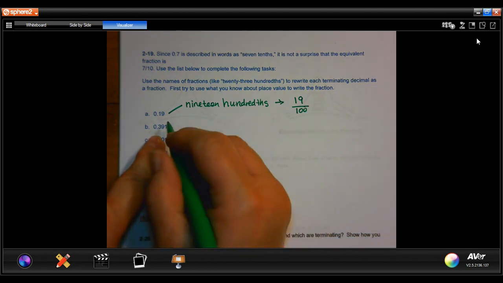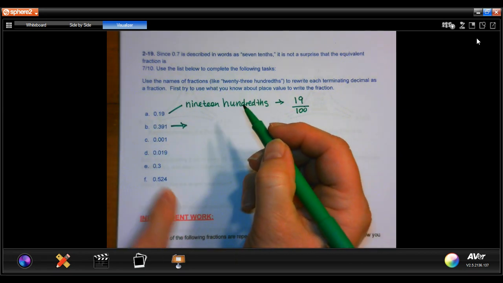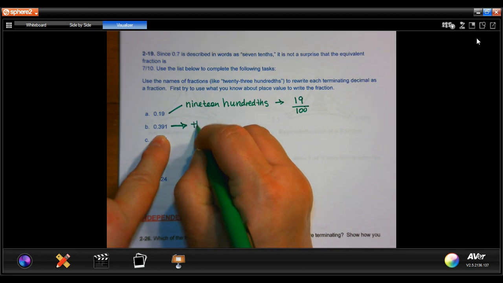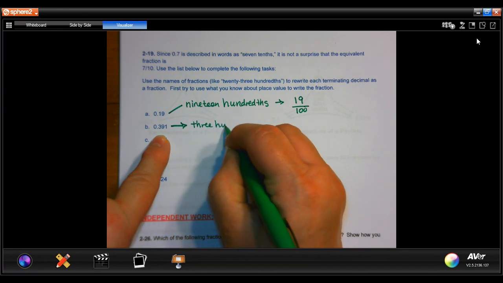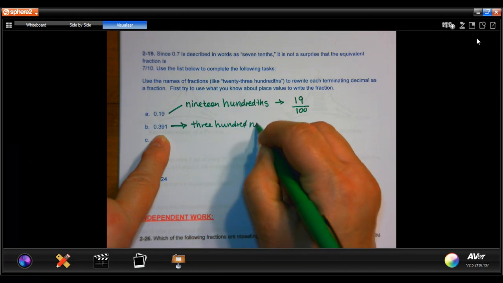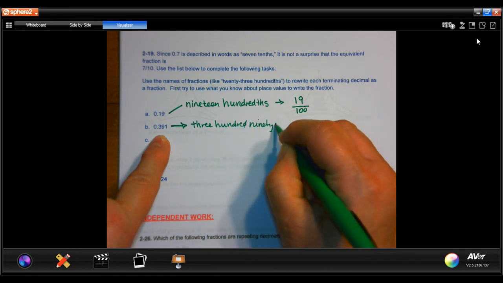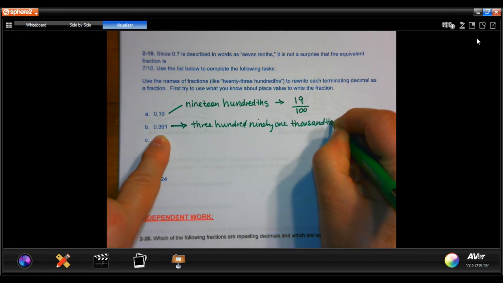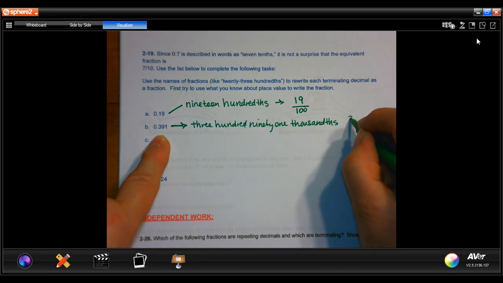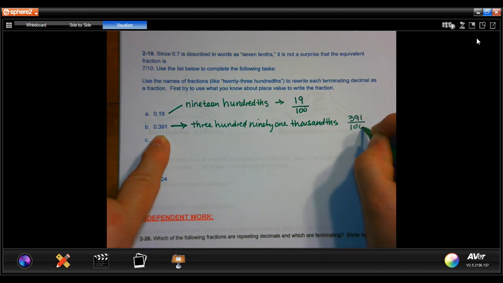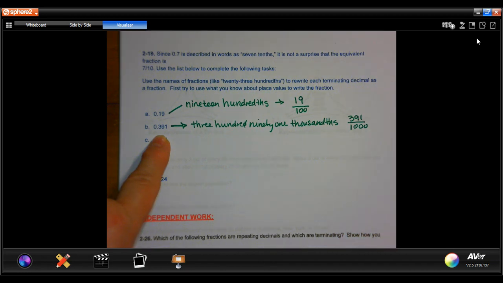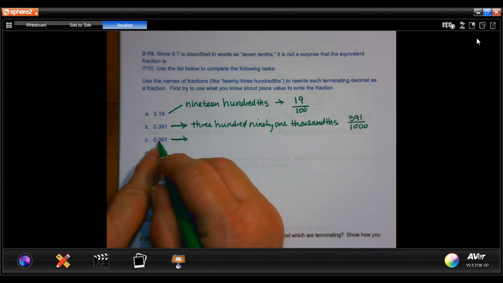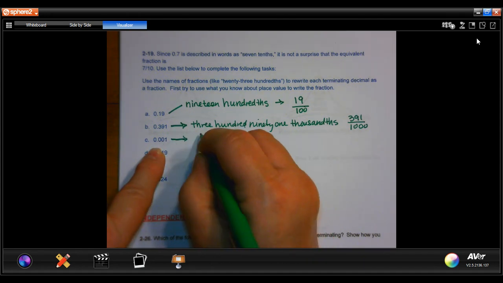One more, and then I'm going to have you, let's do 2 more. This one is going to be 391 thousandths. And I'm going to write that 391 over 1,000.